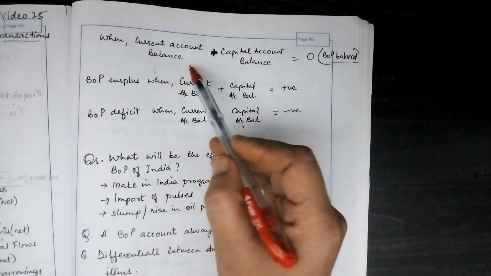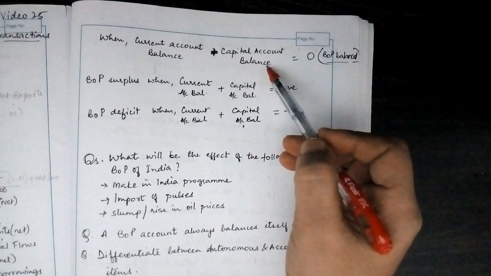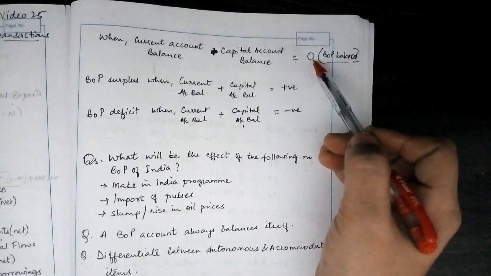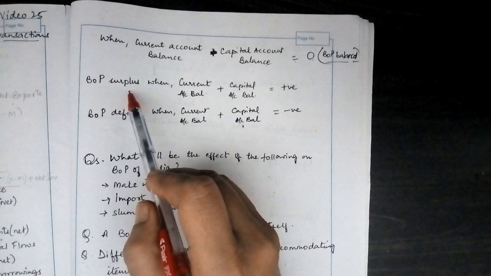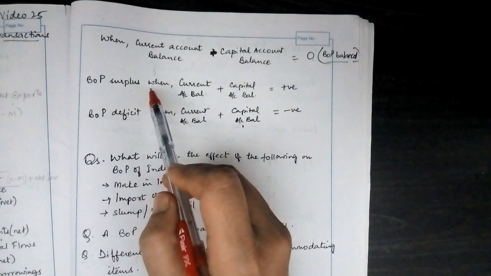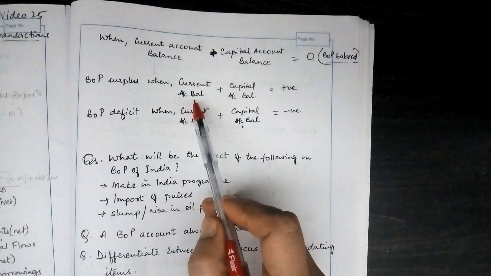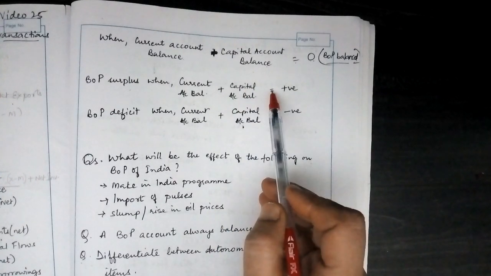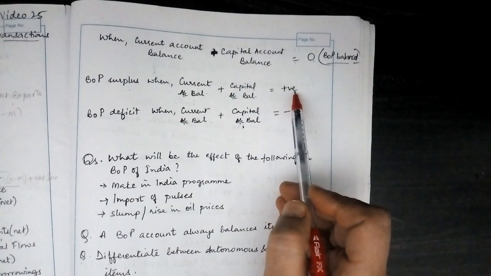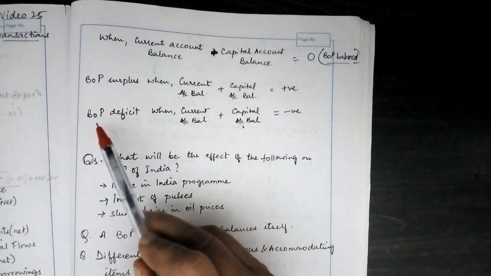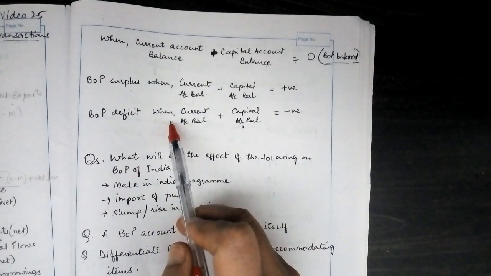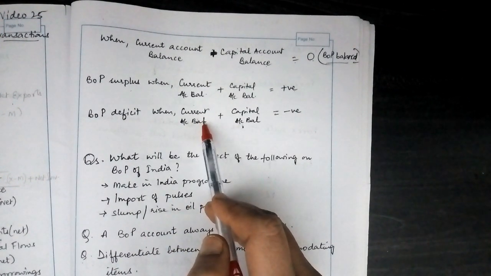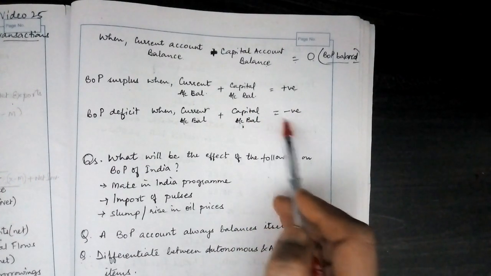Balance of payment will be in surplus when the current account balance plus capital account balance is a positive number. Balance of payment will be in deficit when the current account balance plus capital account balance is a negative number.